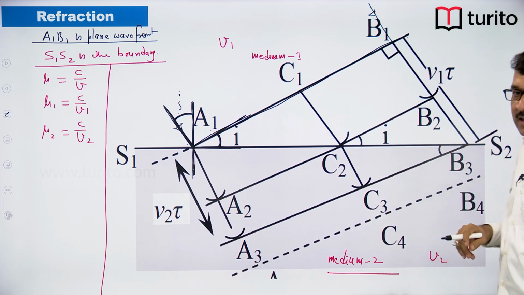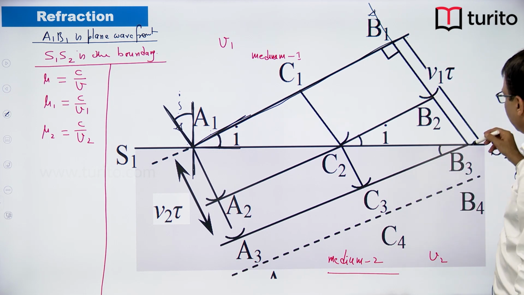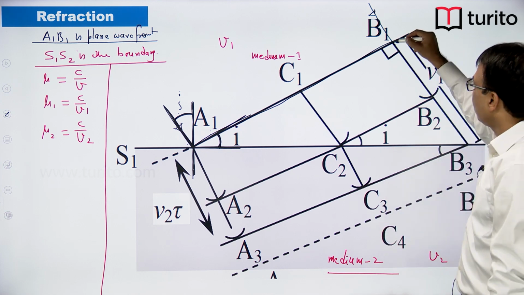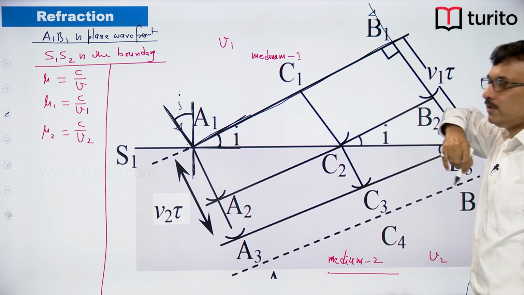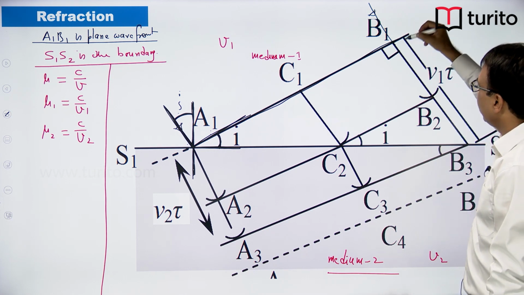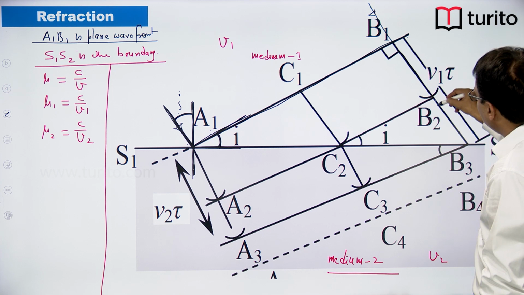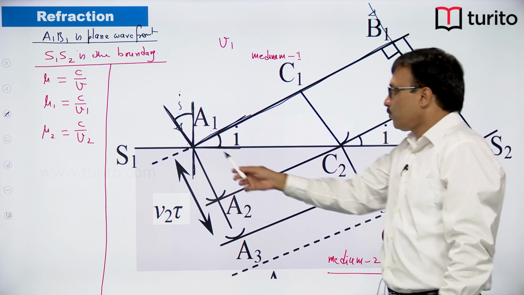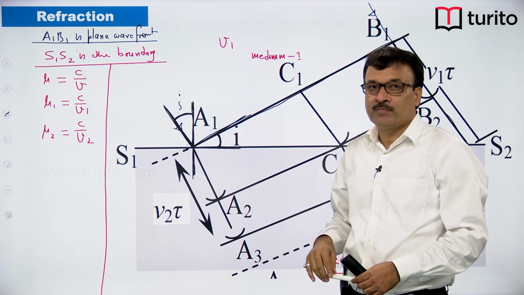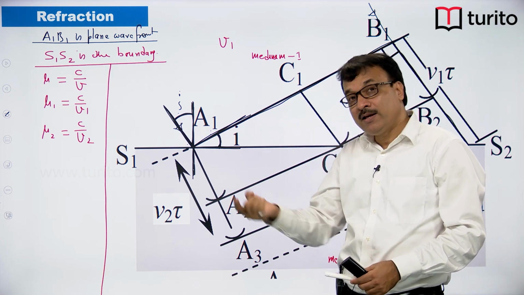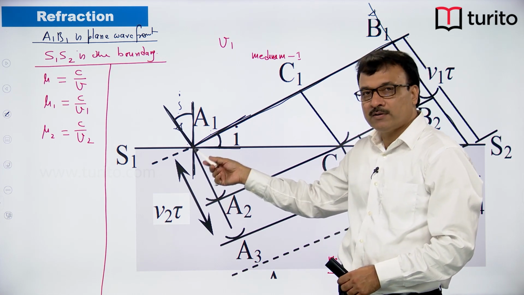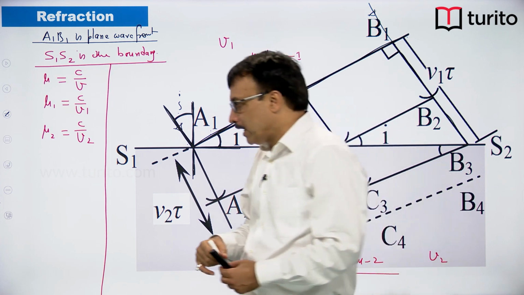Tau is the time. So, this distance B1 B3 covered by this point on the wavefront in the time interval tau is V1 into tau, where V1 is the velocity of light in this medium. But this point A1 in the same time will travel in the other medium, because initially at t equal to 0 this point was already on the boundary separating the two media.